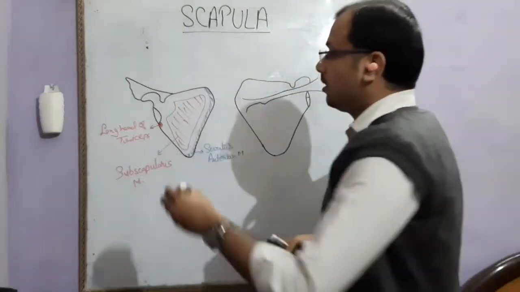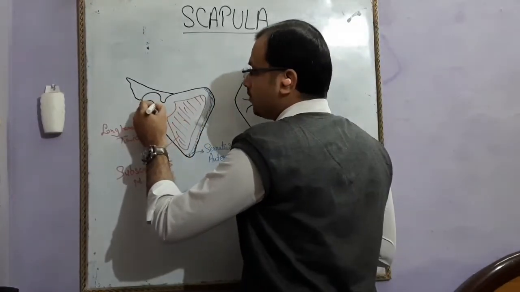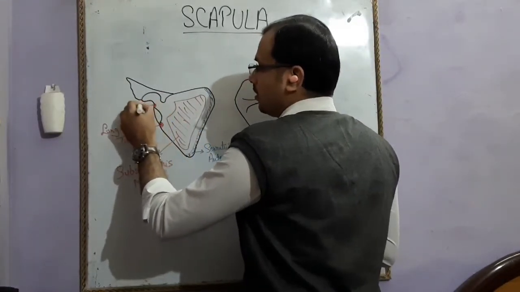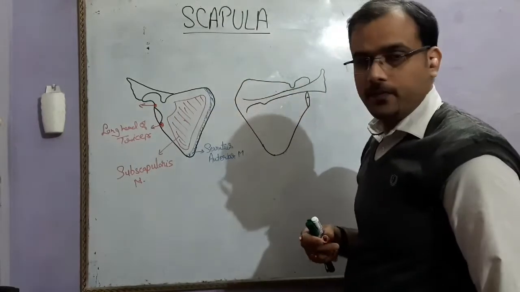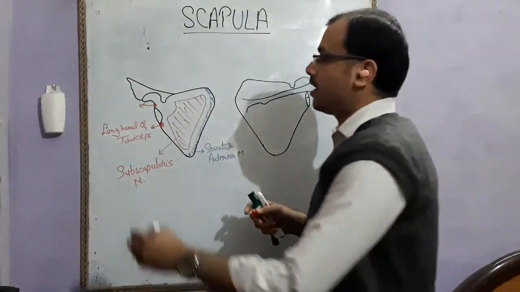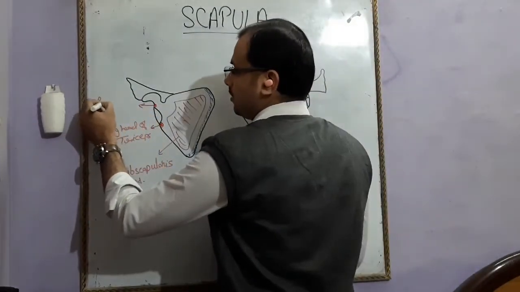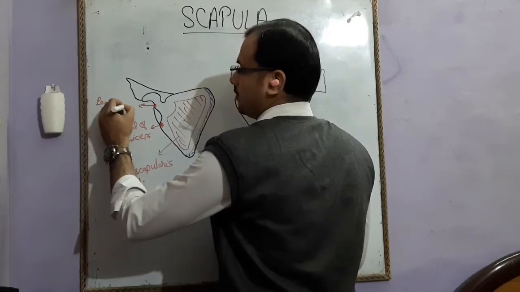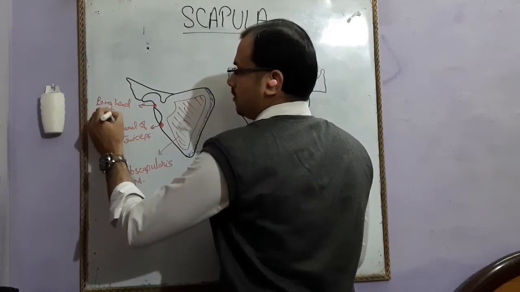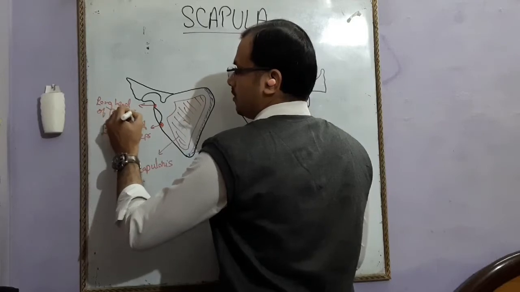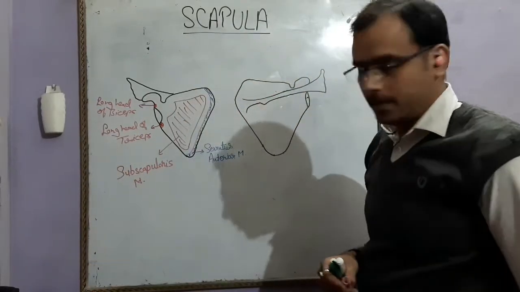Above the glenoid cavity on the supraglenoid tubercle, attachment of origin of long head of biceps muscle. Long head of biceps muscle.